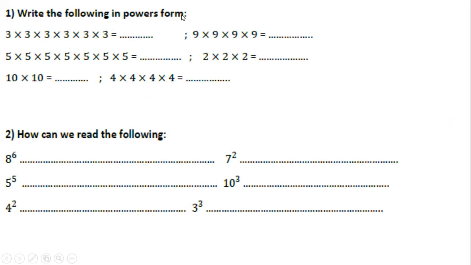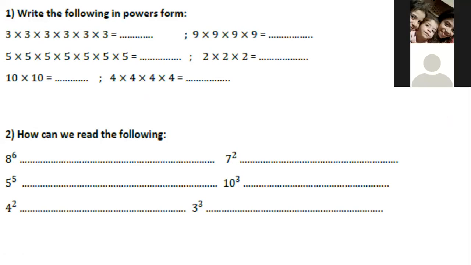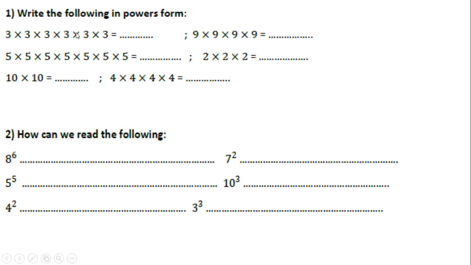We know the powers form, Lamar, which is a base and an exponent, a to the power n, right? Yes. Okay, let us start with the first multiplication sentence, Lamar. We have 3 times 3 times 3 times 3 times 3 times 3. How do we write it in power form, Lamar? What do we write?